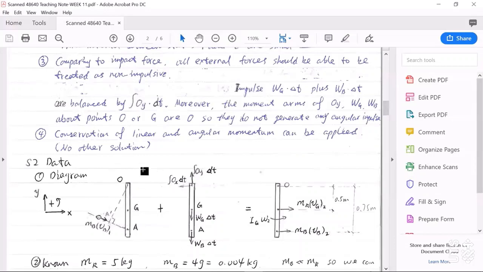And here there is a diagram. This is called the impulse momentum diagram. Here is the initial momentum diagram: the slant rod and the bullet.